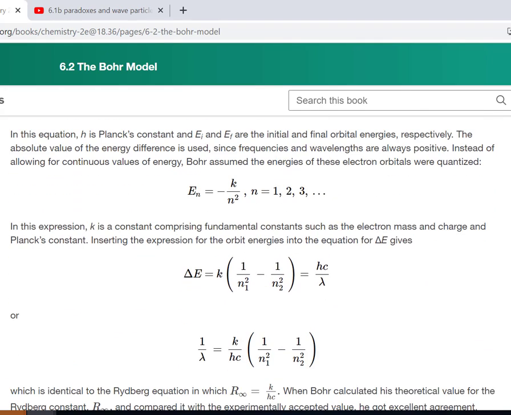And so this essentially gives us that Rydberg equation that we had seen before. These values of n are values of different energy levels, and we can calculate the energy that is emitted as we go from one energy level to another.